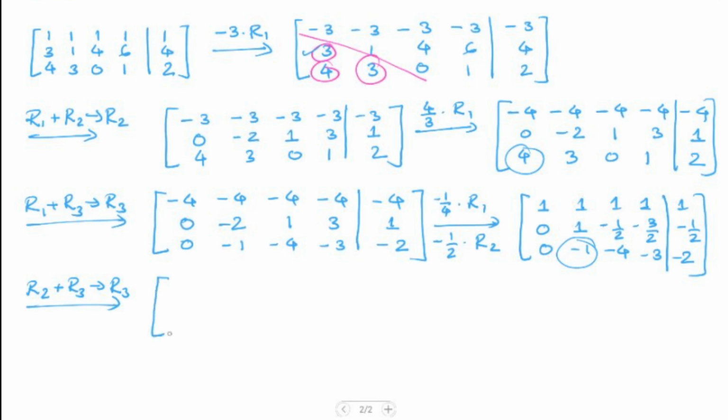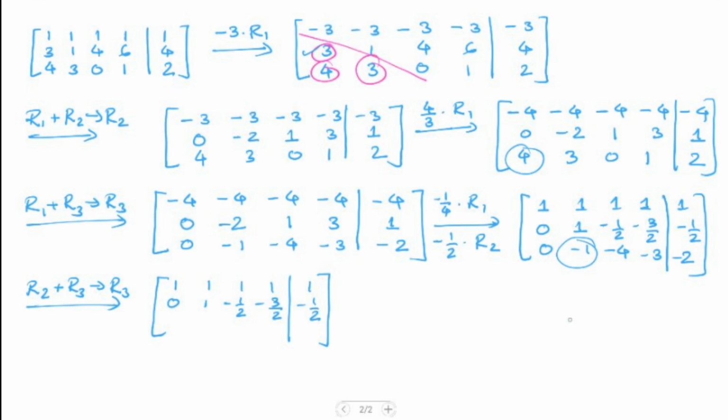So we have for the first row all ones, and for the second row also there are no changes. So we have 0, 1, minus half, minus 3/2, minus half.